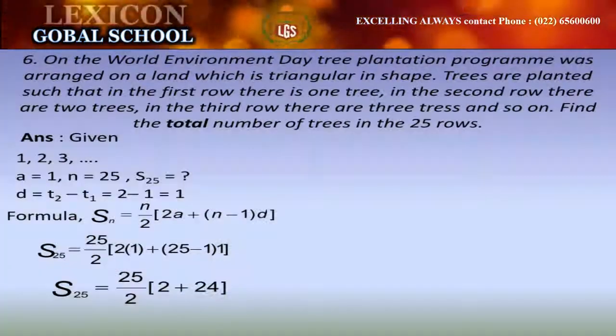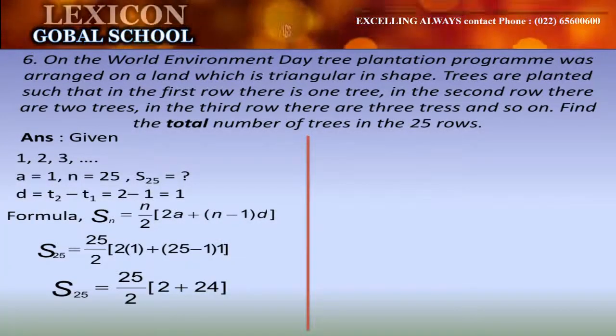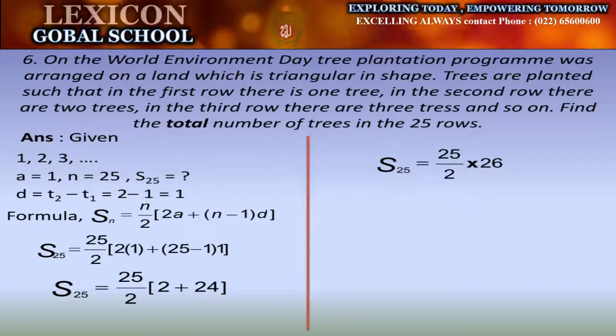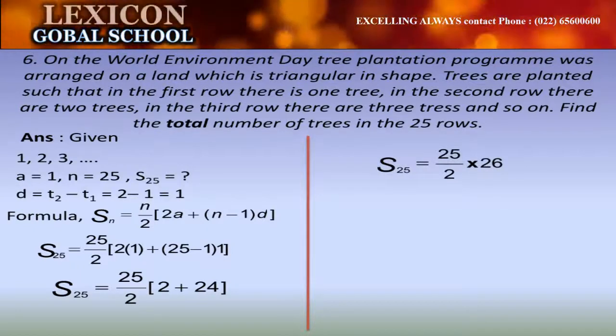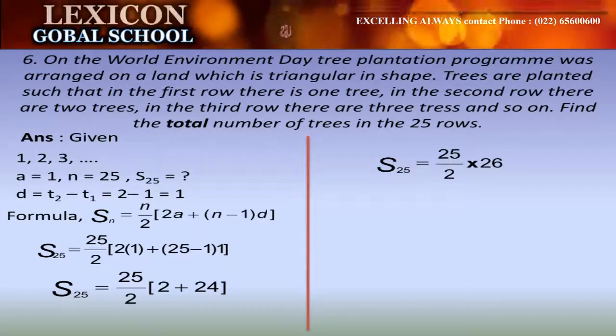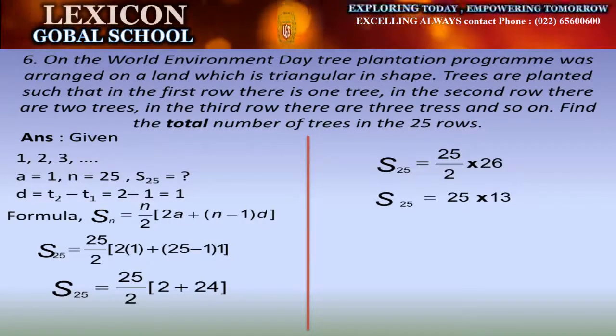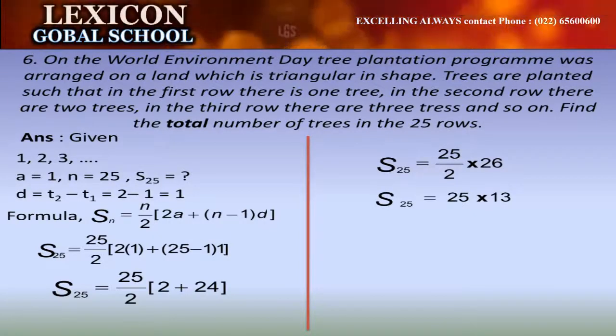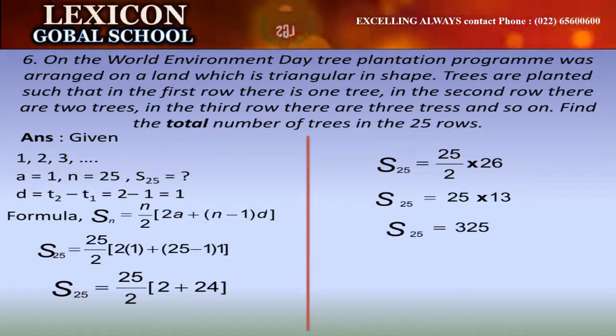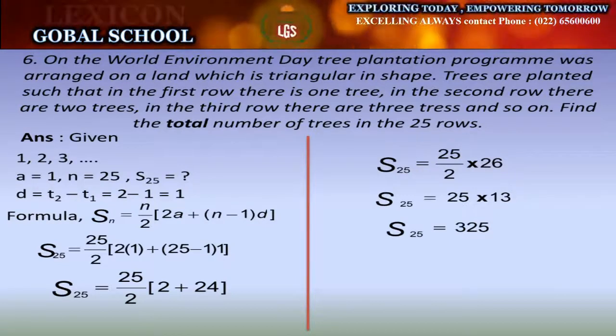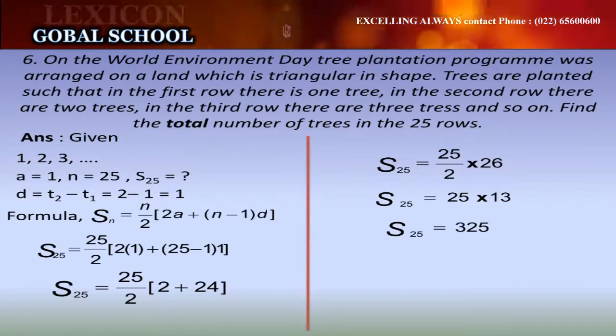So S25 is equal to 25 upon 2 into 26. When you divide 26 by 2, you get 13. So S25 is equal to 25 into 13, which is 325. So the total number of trees is 325.